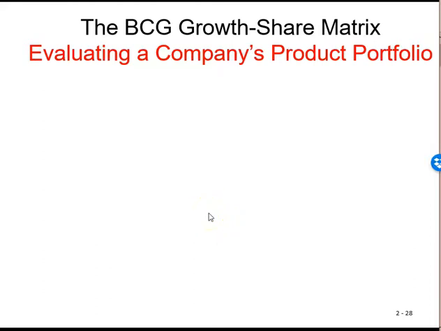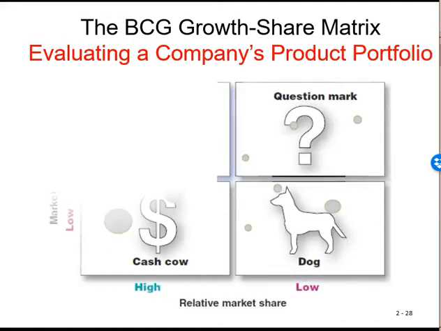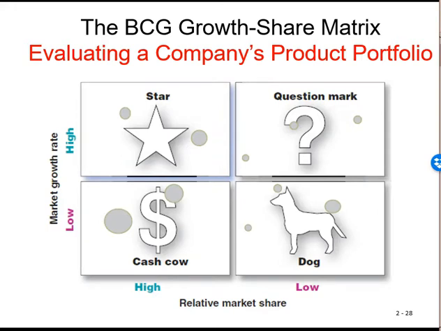Now we'll talk about how a marketer evaluates a company's product portfolio. And we normally do that using a consulting tool that you may have heard about before called the Boston Consulting Group Growth Share Matrix. And what is happening here is a consultant is evaluating your brand relative to other brands in the market.